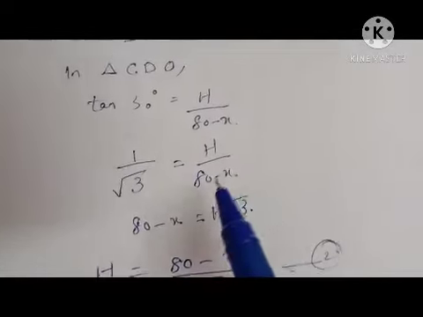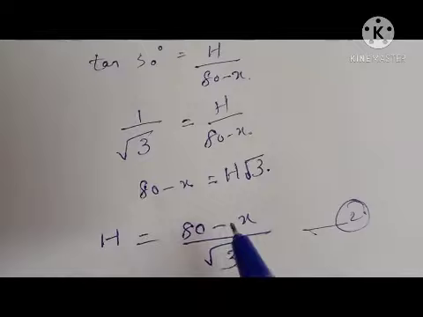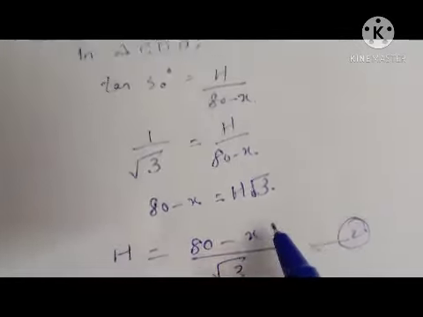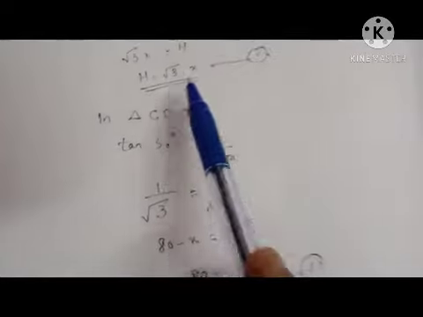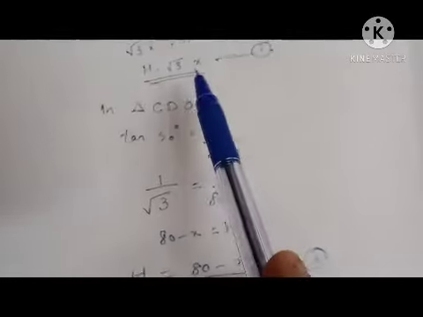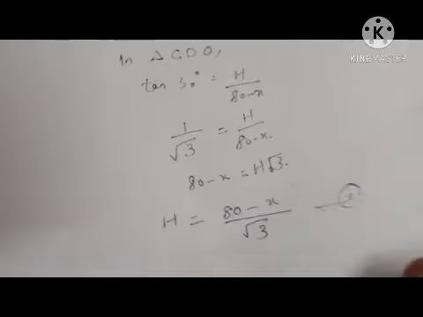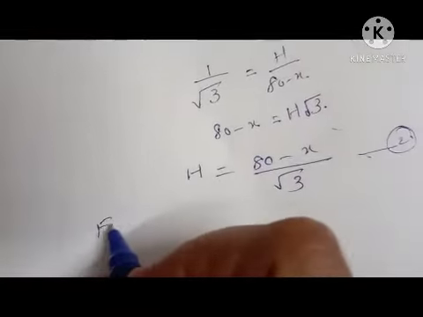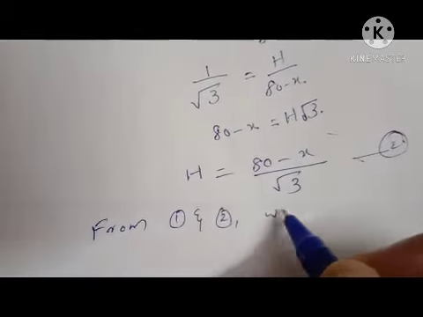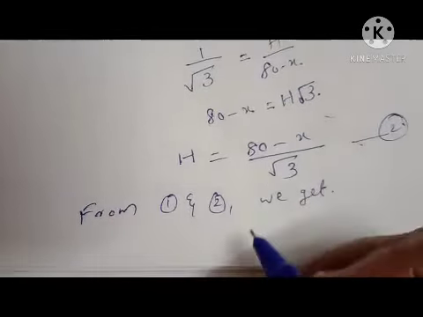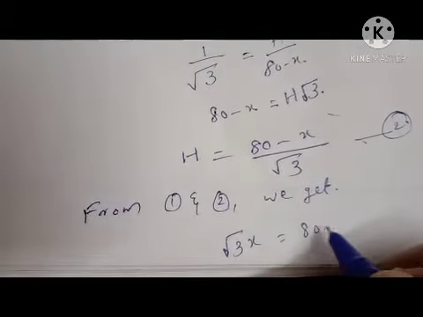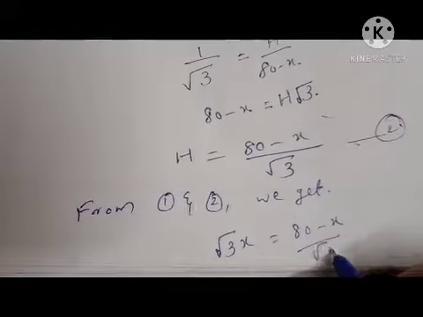In this question we have to find the height as well as X and 80 minus X. Here we can equate equations 1 and 2. Here H, here also H, so we can equate the RHS. From equations 1 and 2 we get root 3 x equals (80 minus x) by root 3.